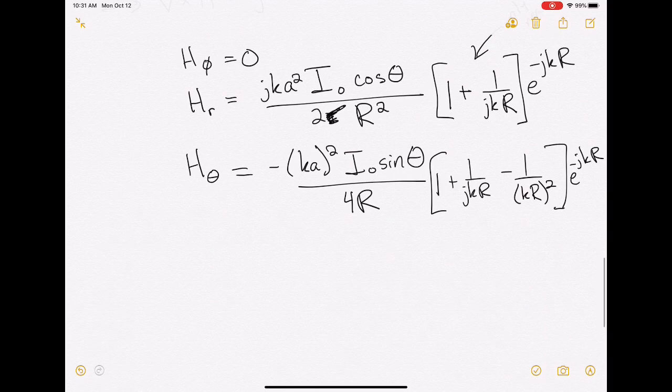So in this one, that little 1 right there is the one that carries the far field power. And these other 2 terms are near field terms.